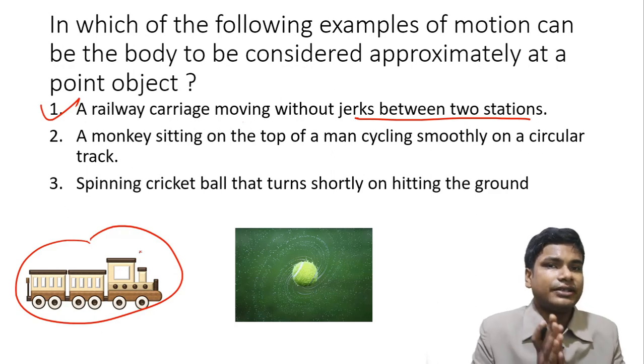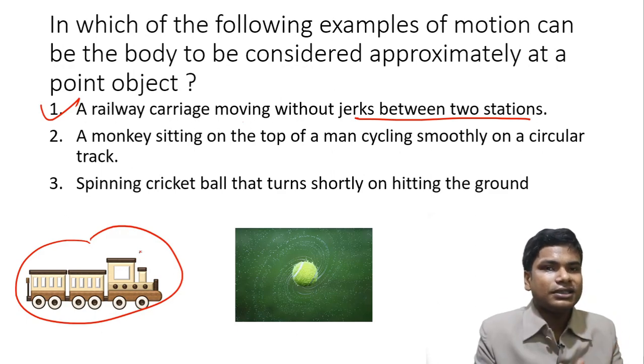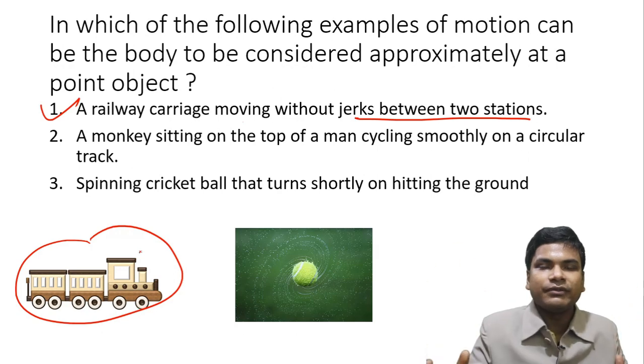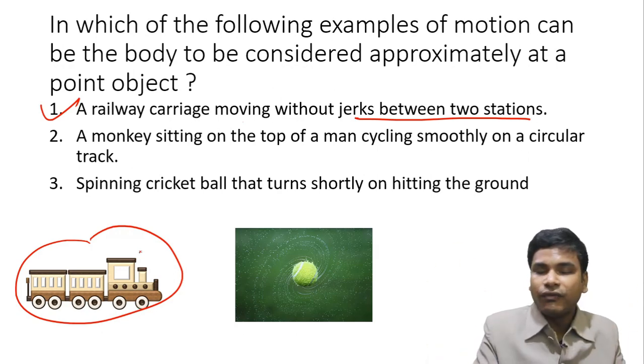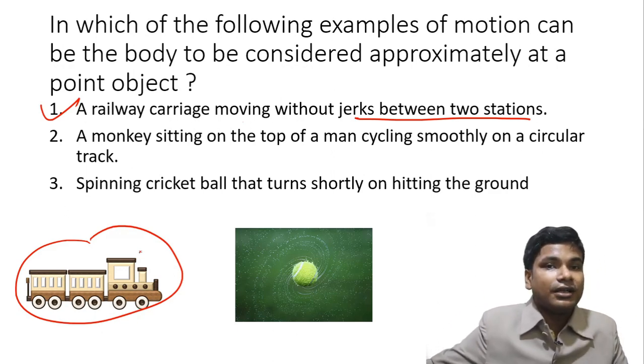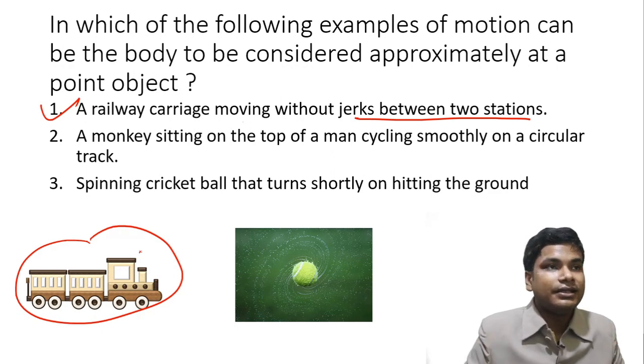The answer is yes. Why? Because if we compare the dimension of the railway track and the dimension of the train, yes, a train is way larger compared to a bus or car, whatever it is. But the length of the railway track is way larger than the length of the train itself. So that is why we can consider that the train is moving as a point mass.